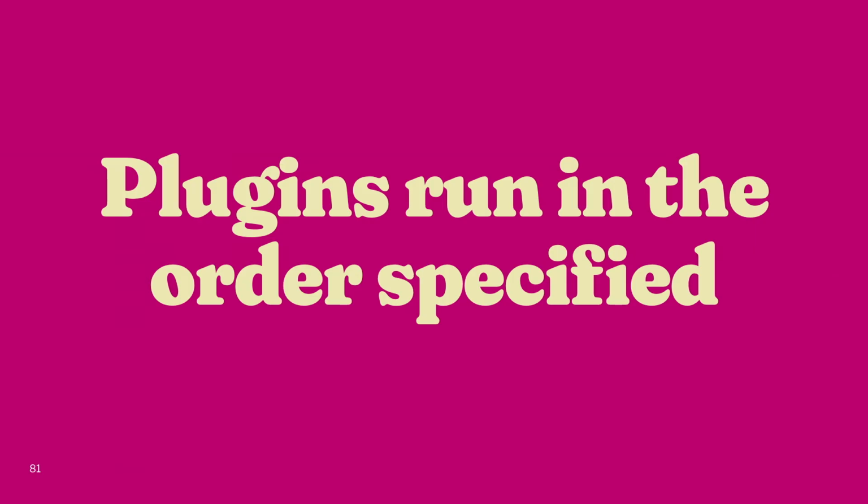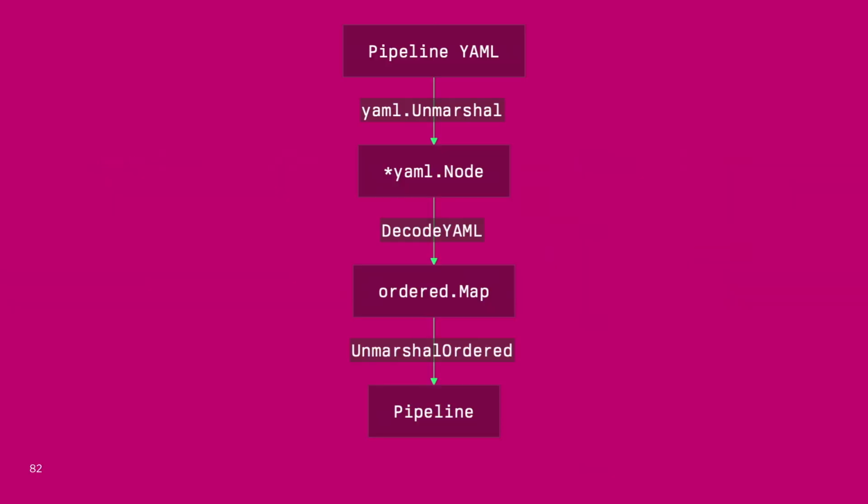If we implemented a change where the order became random, there's a real risk that someone would have a plugin that sets one set of environment variables that are read by the next one, and upsetting that order could break someone. So we care about that a lot. So we ended up implementing a whole heap of code to specifically implement ordered maps by default in the plugin parser, in the pipeline parser.